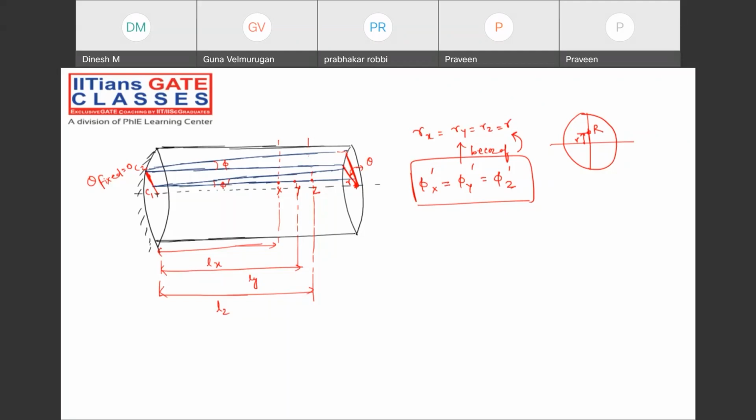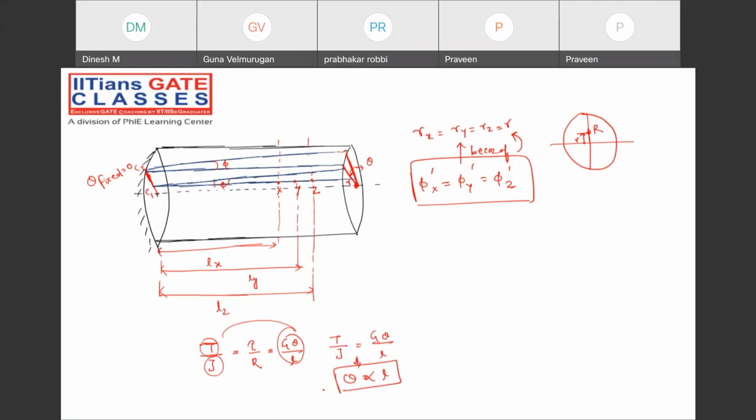That's a very important point, guys. You know the torsion equation, T by J, tau by R, G theta by L. For constant torque, constant polar moment of inertia, and constant G and L, if you equate these two, T by J will be equal to G theta by L. So from here, theta will be directly proportional to length, my dear friend.